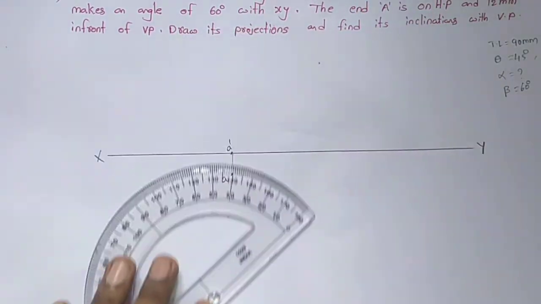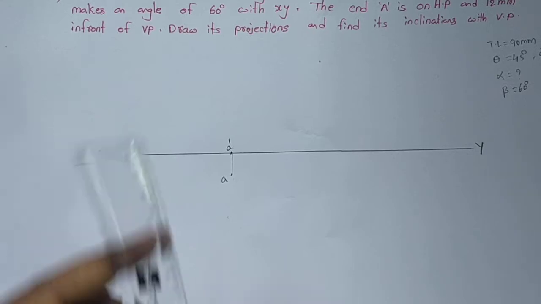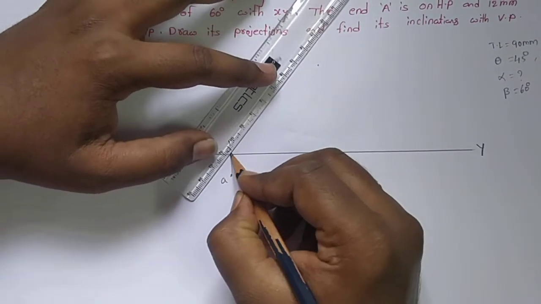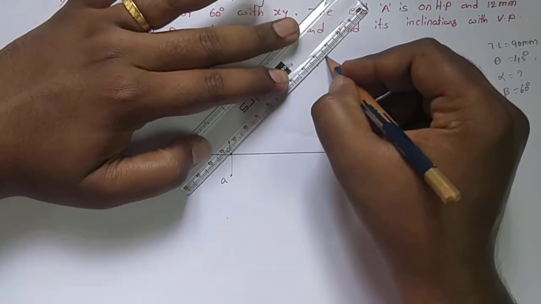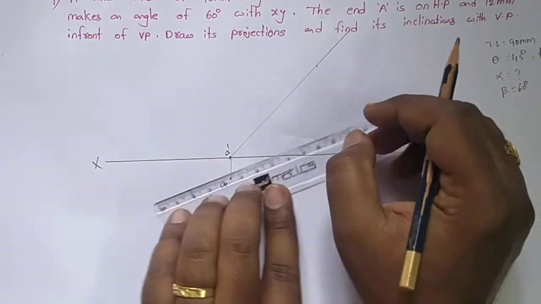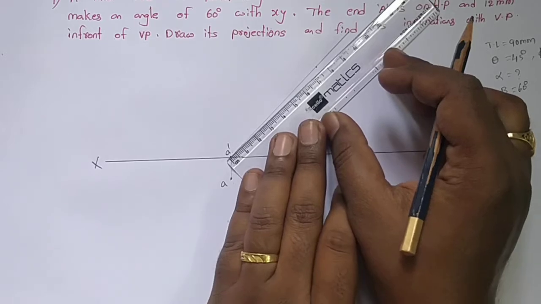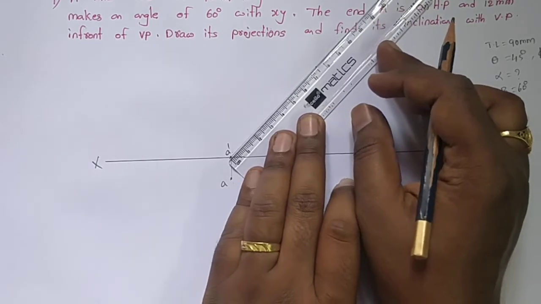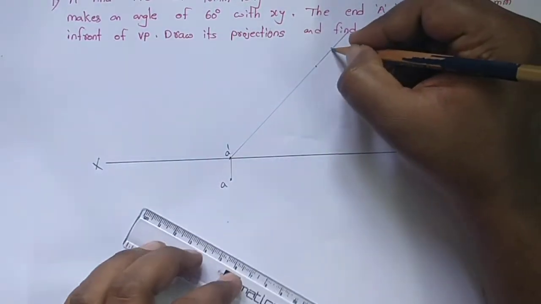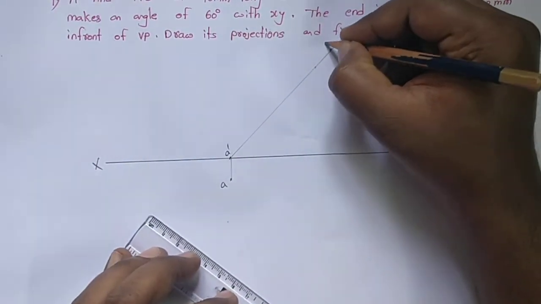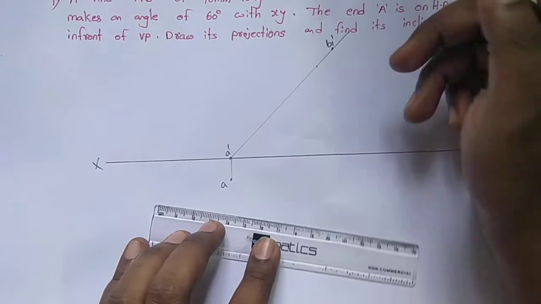It is the 45 degrees line. Next, draw an inclined line from A dash through the 45 degrees located point. On this line we need to measure the 90 mm line. Okay, it is the 90 mm line. This point is known as B1 dash.